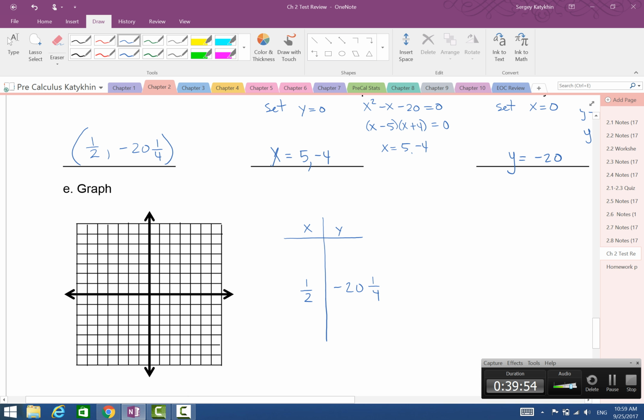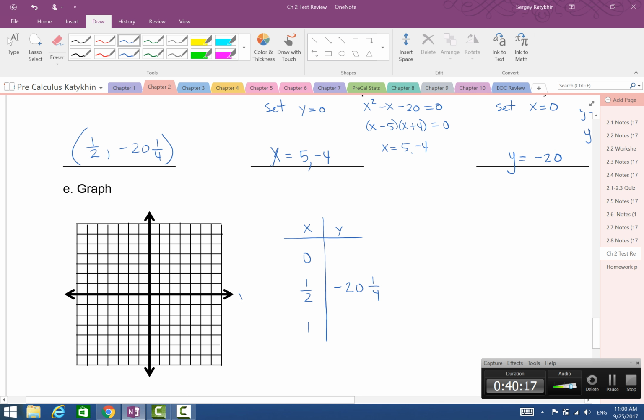If I have 1/2 in the middle, the best bet that I can do is I can choose this to be 0, and I can choose this to be, let's say, 1. That will make it a little bit easier for me to graph.